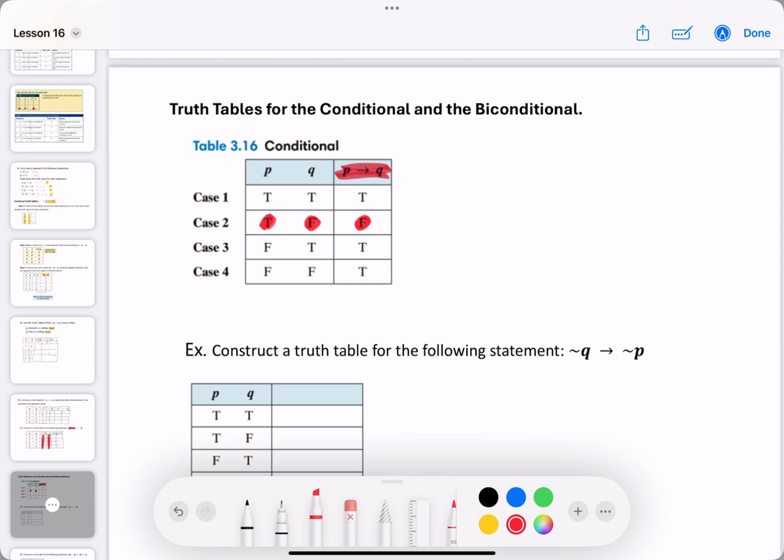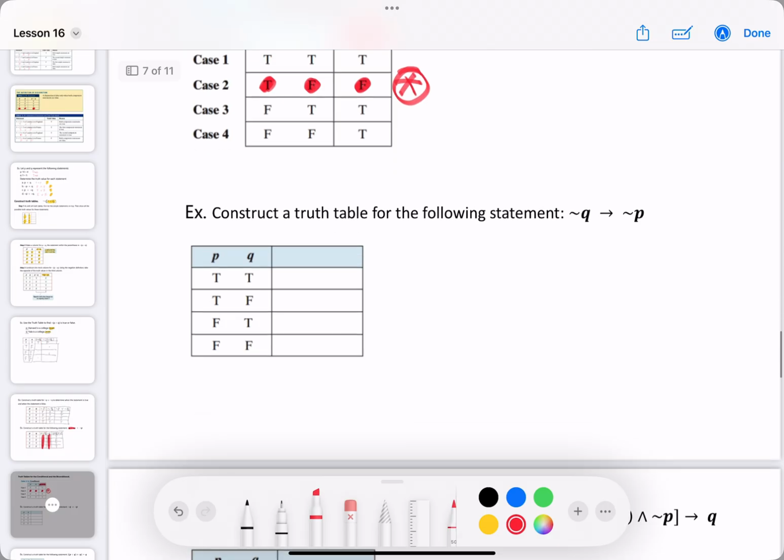Other statements are all true. So let's memorize this for the conditional truth table. P is true, Q is false, then the conditional statement if P, then Q is false.